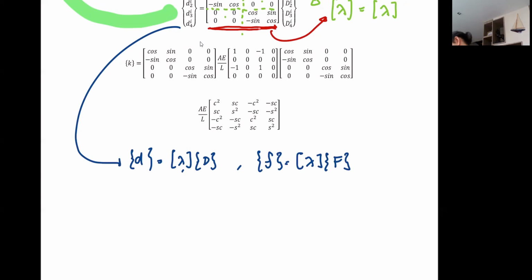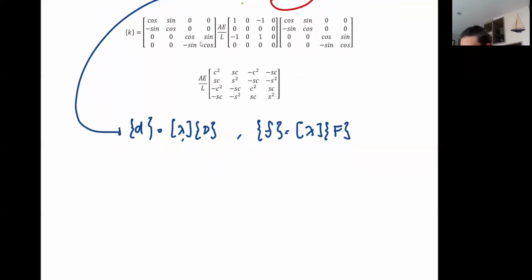Okay. And from this, f of the local system is equal to the transformation matrix multiplied by the matrix of the global system. Okay. Remember that f is equal to KD.